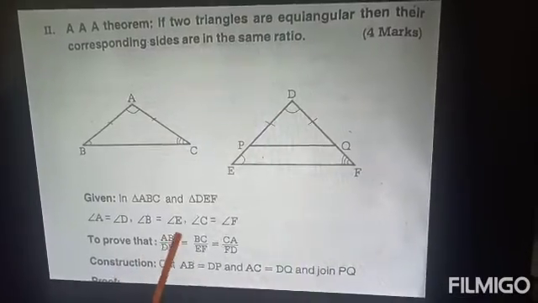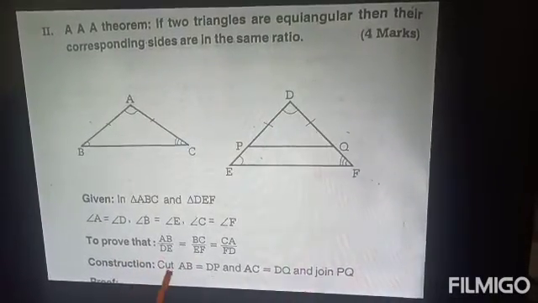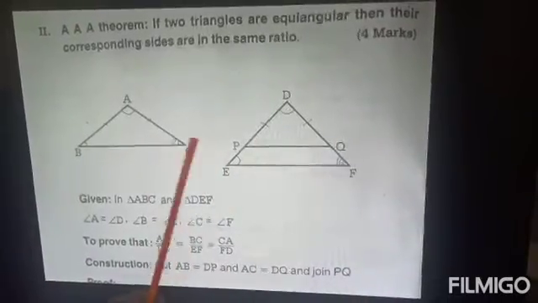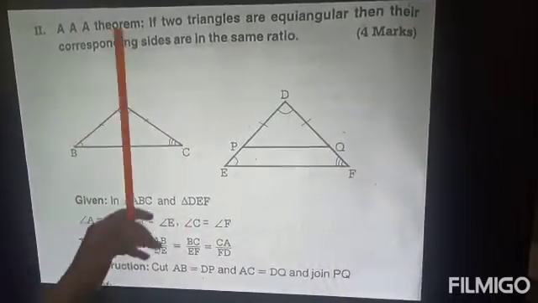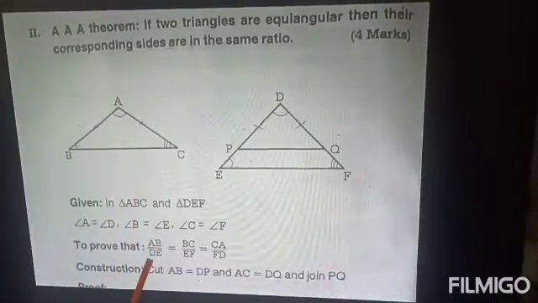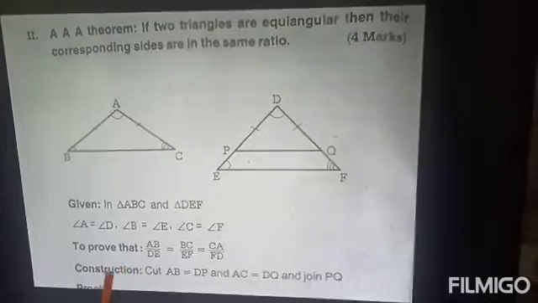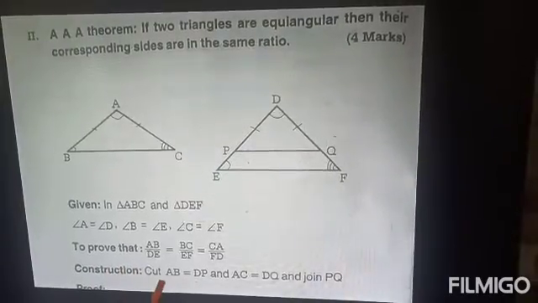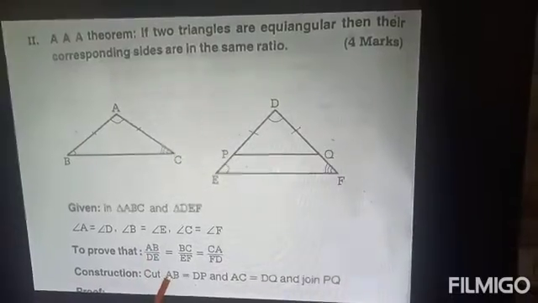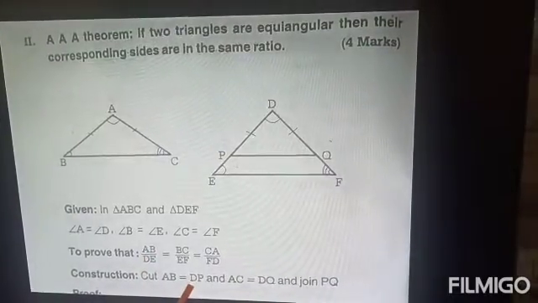Next, to prove this point, we need an extra construction. We took only two equiangular triangles according to the definition, but that is not enough to prove this point. Therefore, we have to do the necessary construction. Cut AB equal to DP.